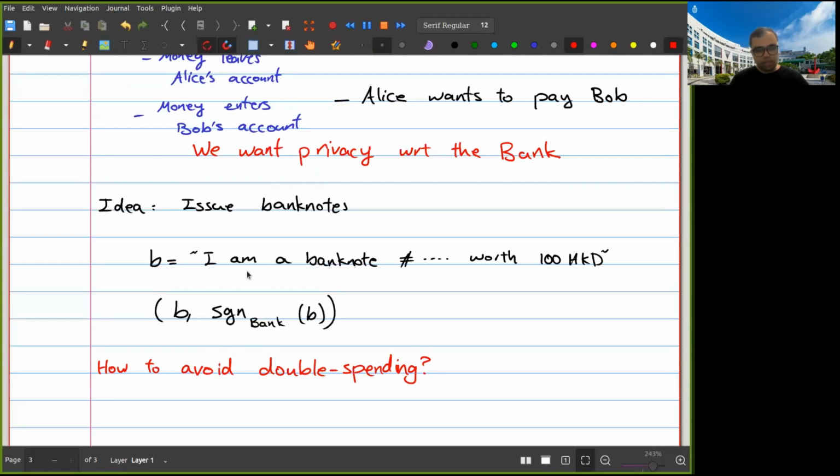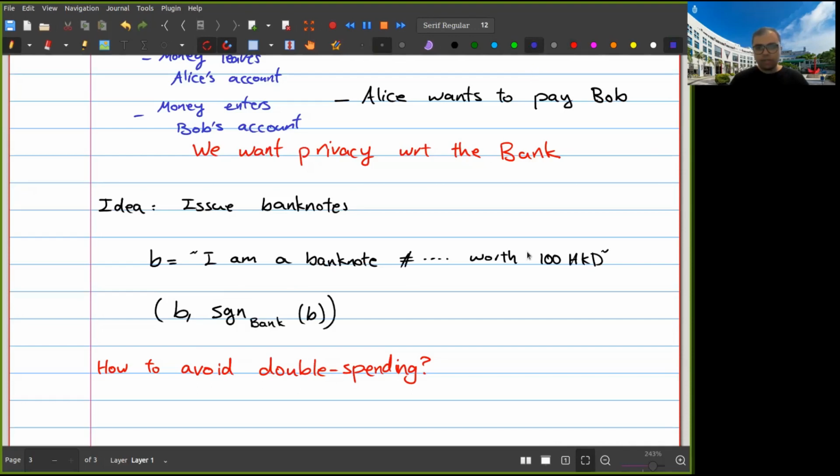Again, the banknote is just this string and the signature of the bank. And she can give this to many different people. This is just some digital file, right? So she can just copy it as many times as she likes. So if you're Bob and you receive this banknote, how can you be sure that there is no double spending? How can you be sure that you can actually deposit it into your account?